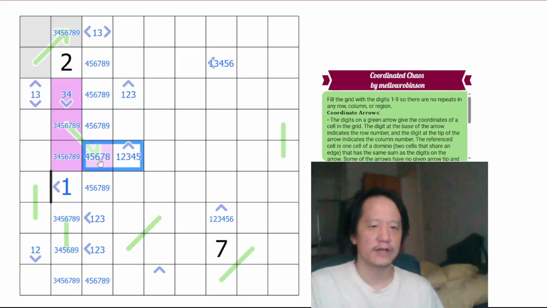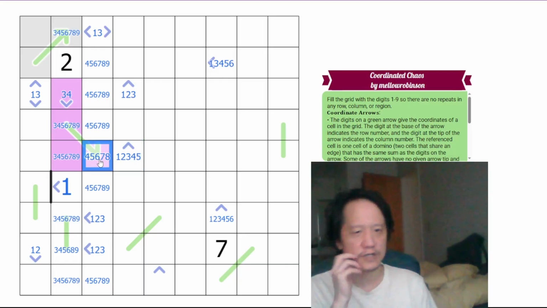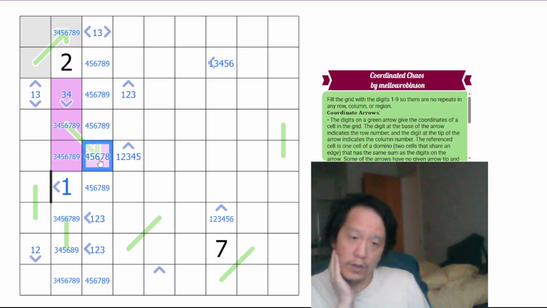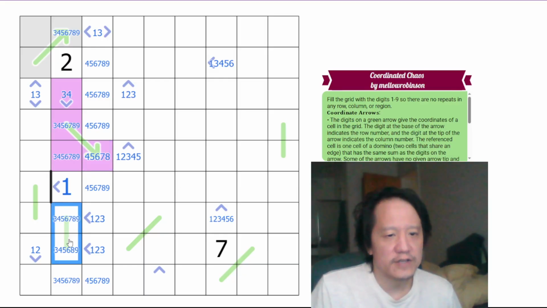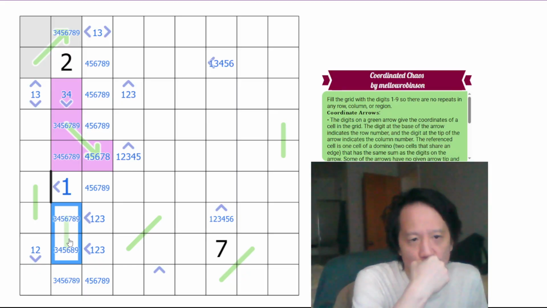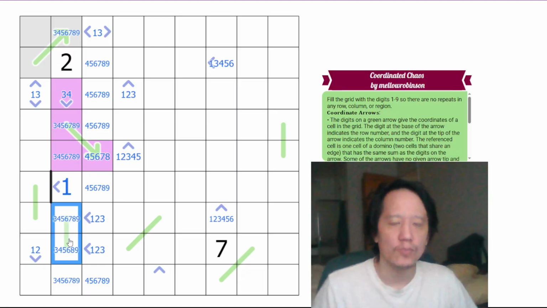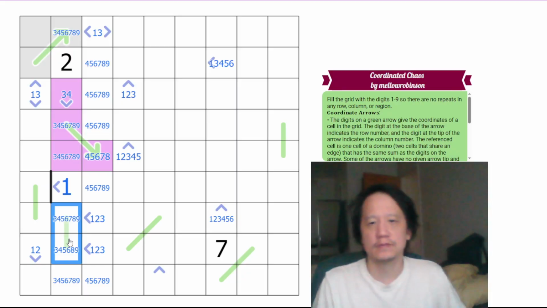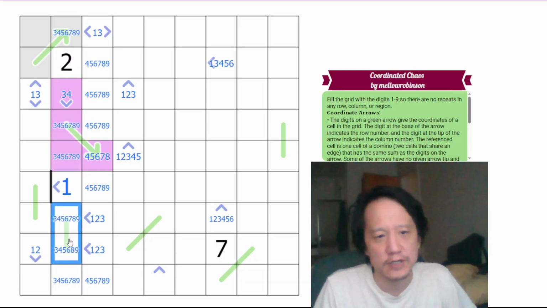And then you can't add to that with a single cell. So this is effectively a different region then. Okay. This is kind of weird.